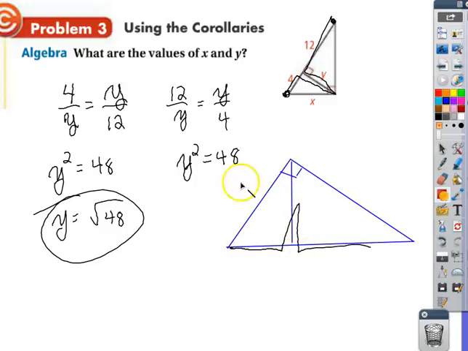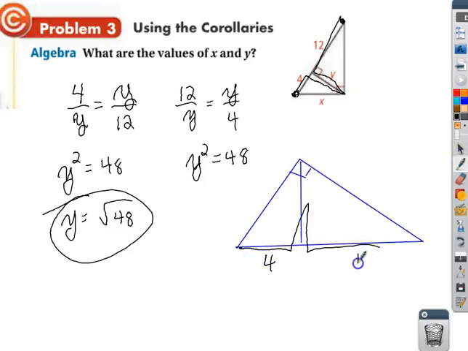That means the value of the altitude needs to go here and here. So if this were 4 and this were 12 and this were y, then I would go 4 over y equals y over 12. I'm just following the graphic, and that tells me what to put where. Does that make sense now? Okay. And I mean, once you get it, you get it.